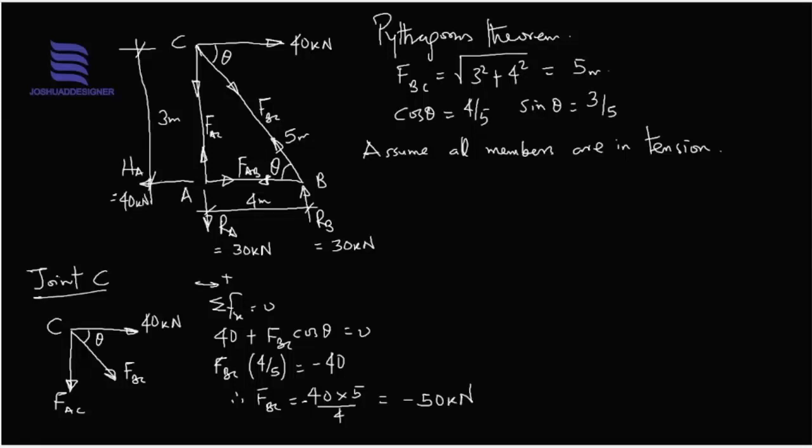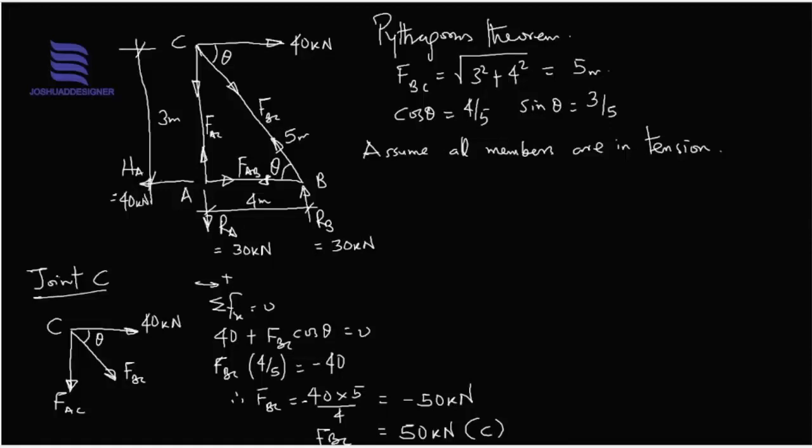Now, this negative is saying to us that our initial assumption was wrong, so we have to make a correction. Our initial assumption for that member was tension, so the correct assumption should have been compression. So that member is in compression. All right, that's for FBC.